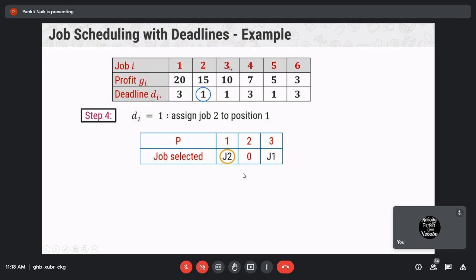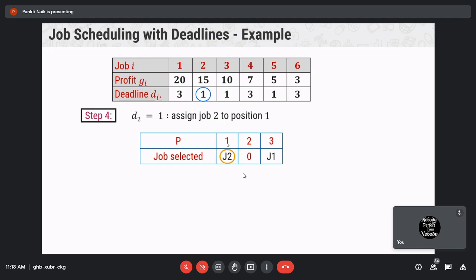Now next is job number 3 with deadline 1. Position 1 is already occupied by job number 2, and as a rule we cannot have two jobs at one time in the scheduling array.